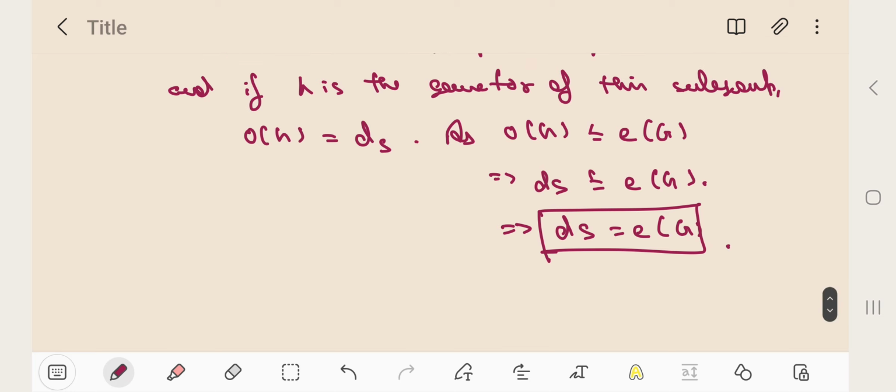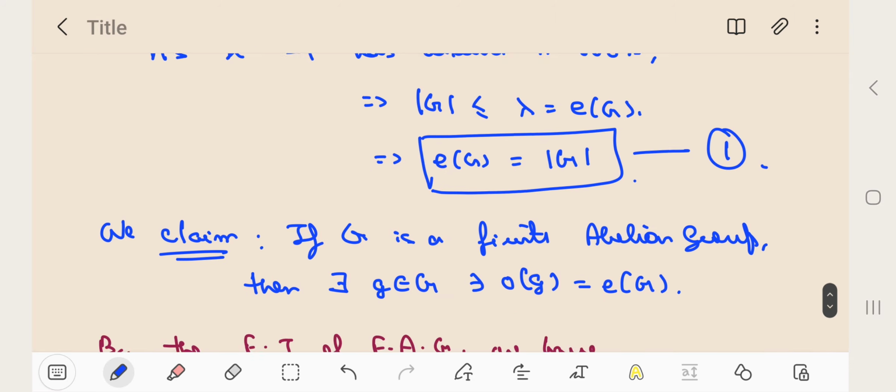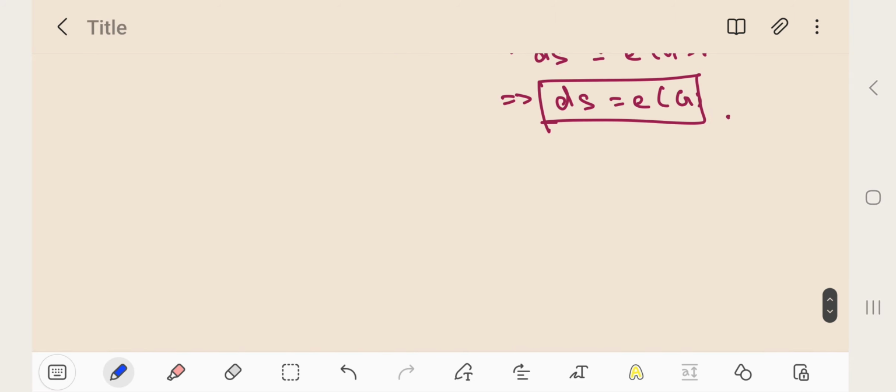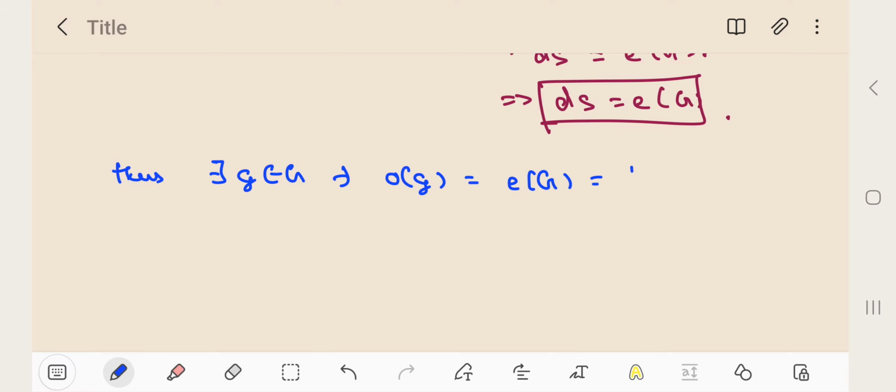So once we have proved this, there exists an element g in capital G such that the order of g equals the exponent of G, which equals the order of G, which implies that G is generated by the element small g. And this was the thing which we required.